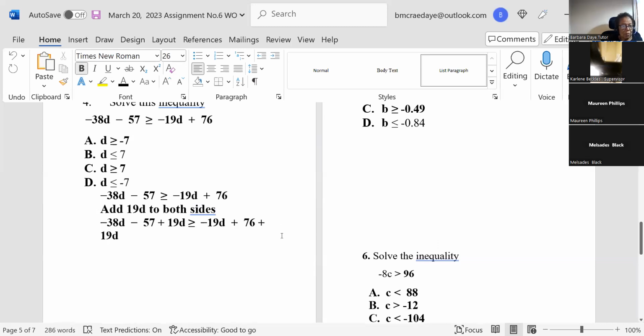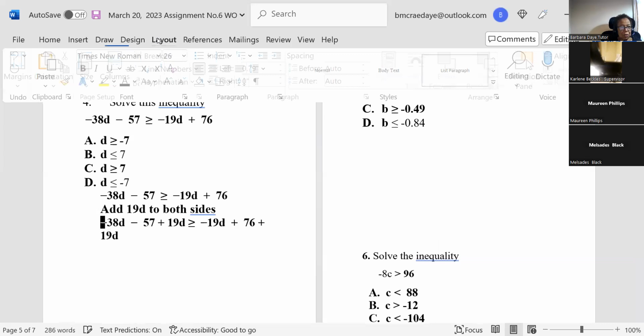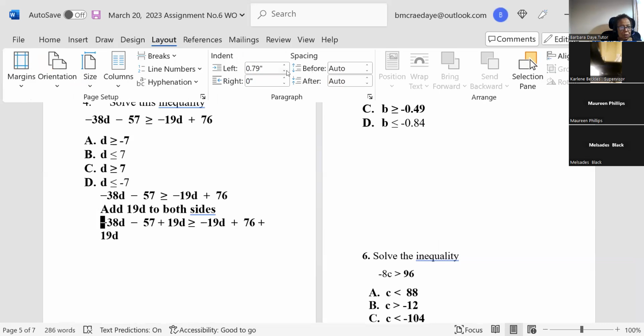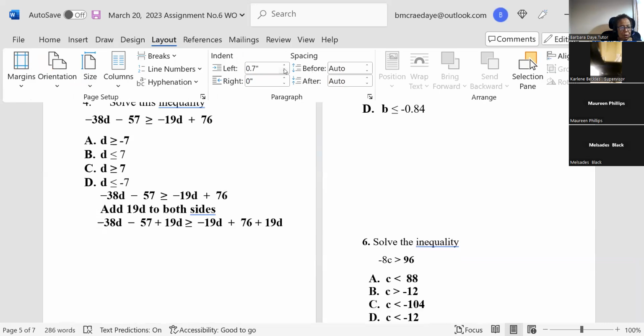Okay, I was trying to get this all on one side. There we go. Now, Maureen, I have a minus 38D and a plus 19D.